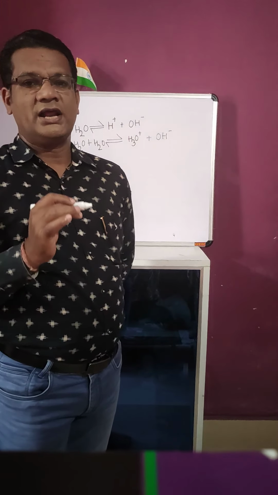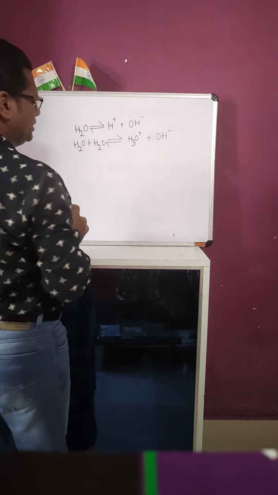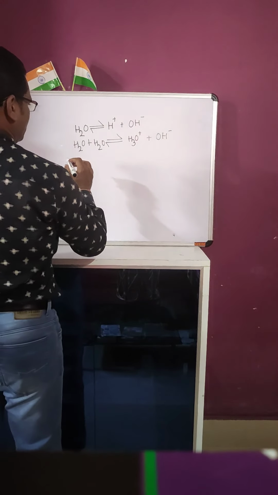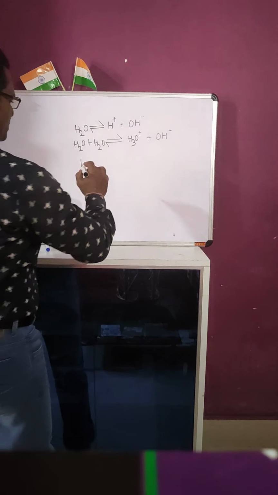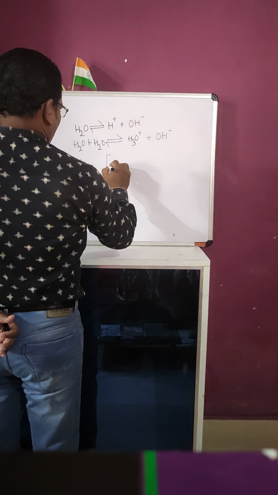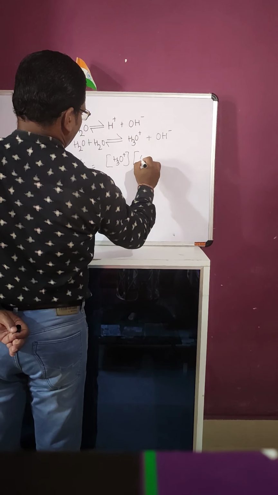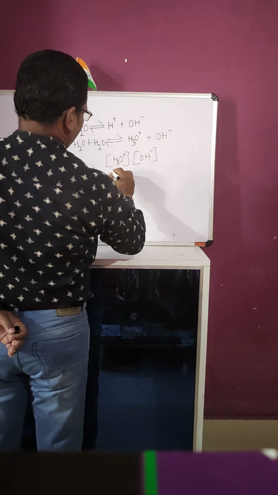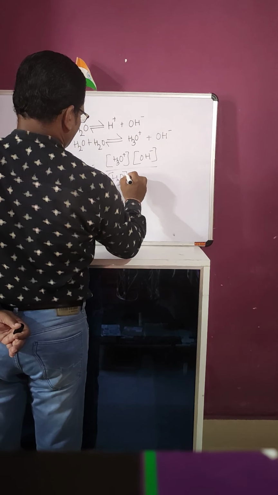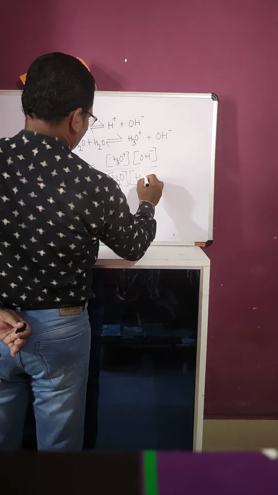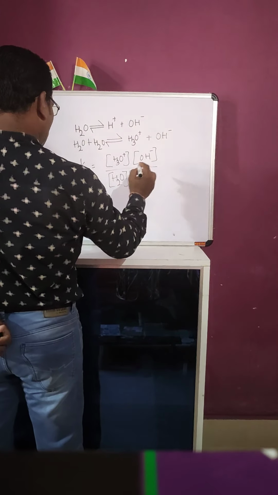So the ionic product, I can say, is K. This is called the ionic product, equal to the molar concentration of H3O plus ions times OH minus.